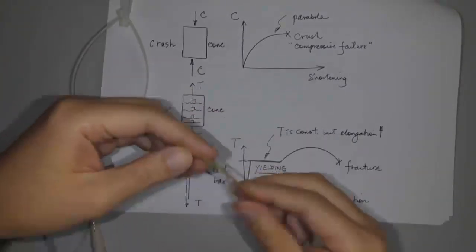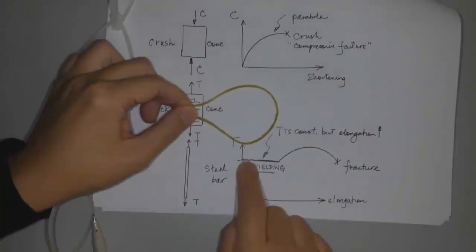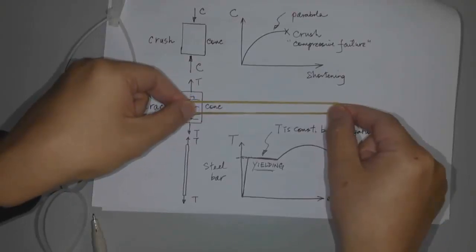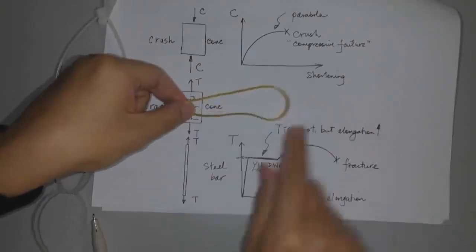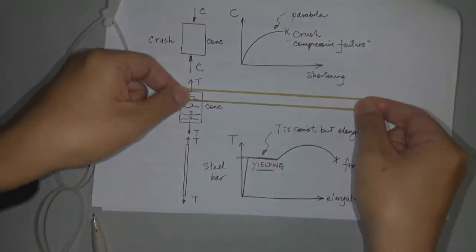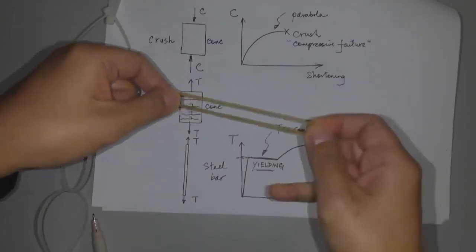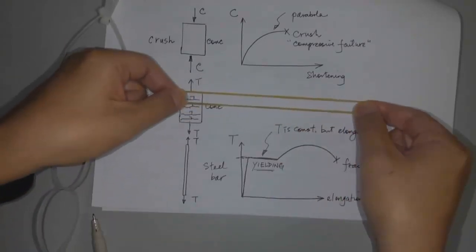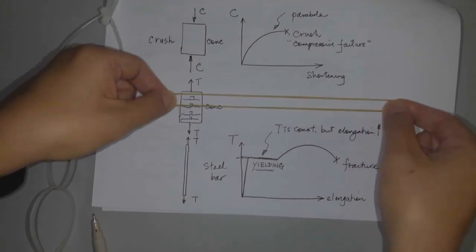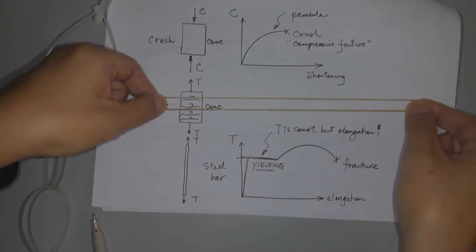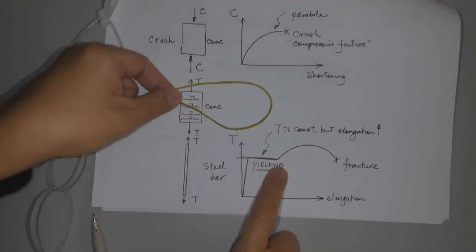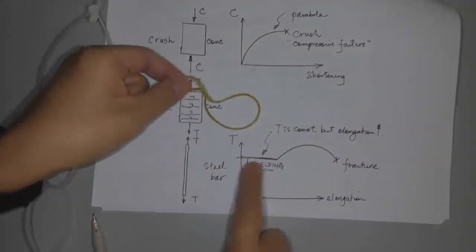So what happened to that reinforcement is, initially, if you try to pull, you keep adding force, and it gets longer and longer. When it gets to this point, you don't need to add more force. This steel bar is of course not a rubber band, but it will automatically keep extending. Just gets longer and longer and longer without increasing T, right? That's what happened in the material in this region.